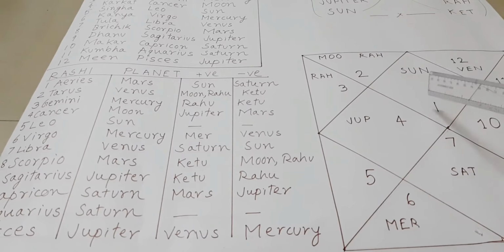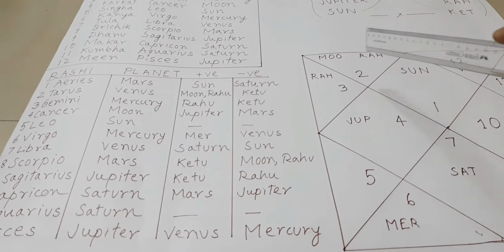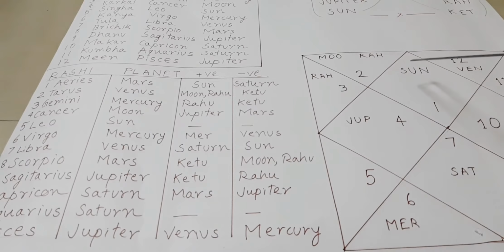Therefore, we'll be referring to this North Indian format of houses. And here we are writing some names of the planets, and we are writing some numbers, and these numbers are also indicating the planets.